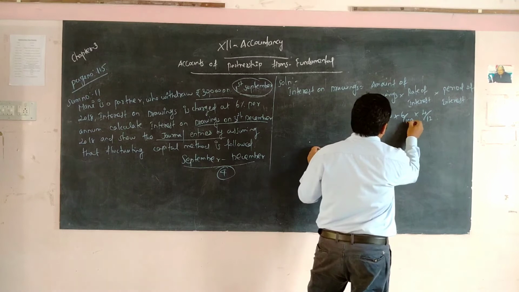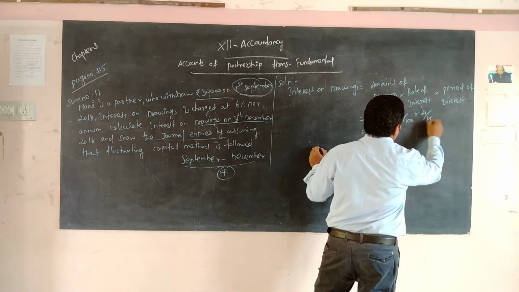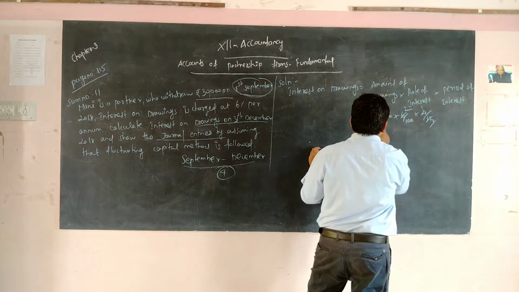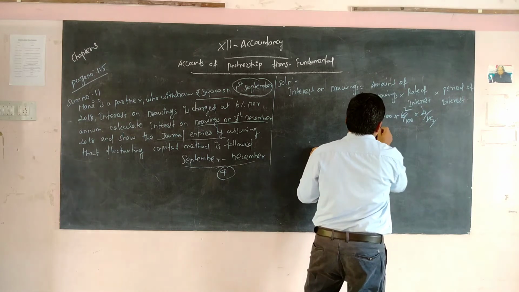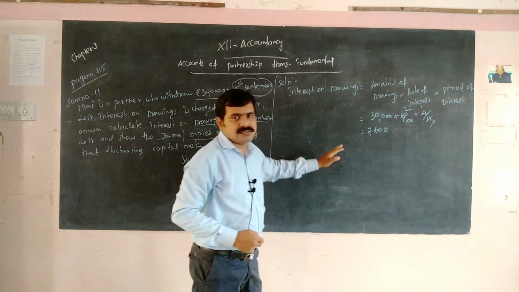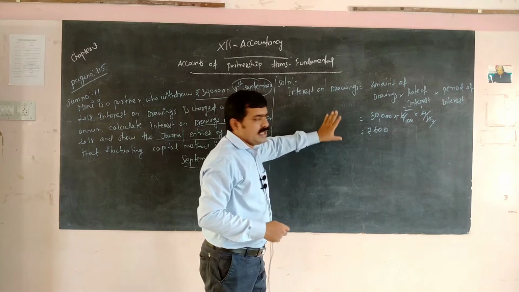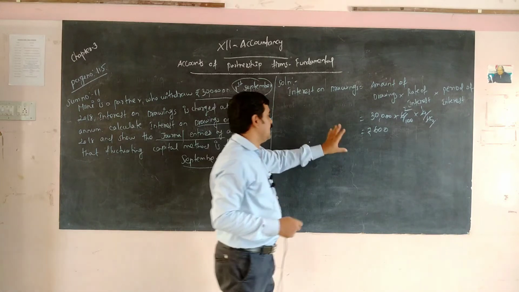So the answer is rupees 600. Interest on drawing equals 600.